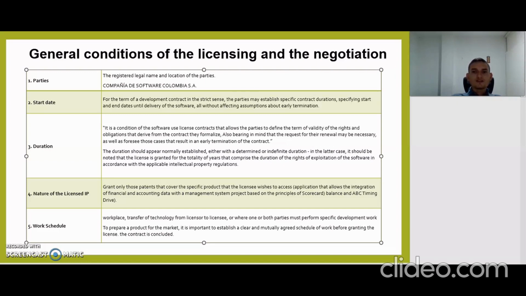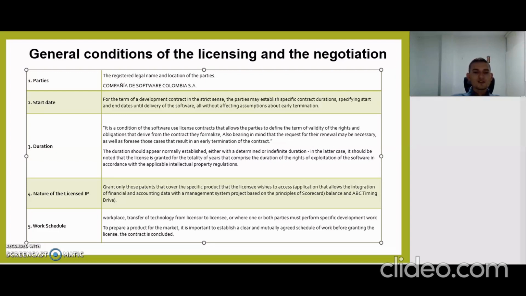In the latter case, it should be noted that the license is granted for the totality of years that comprise the duration of the rights of exploitation of the software in accordance with the applicable intellectual property regulation.